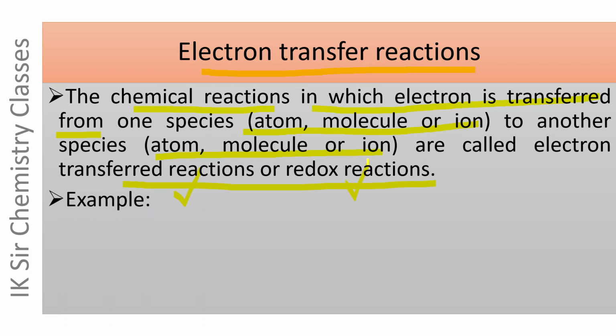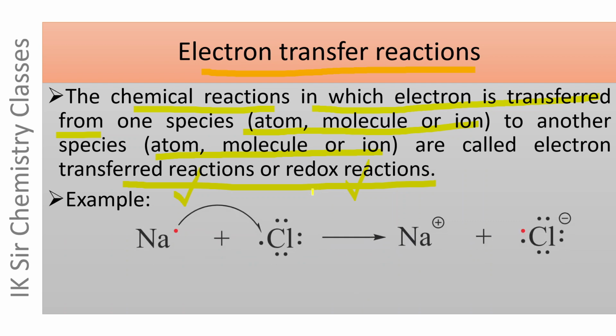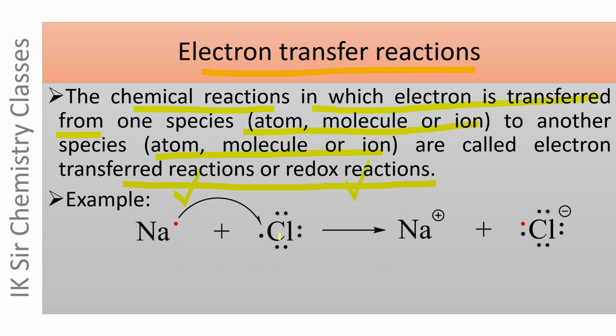Let us see an example of electron transfer reaction. When sodium and chlorine atoms are brought in contact with each other, an electron is transferred from sodium atom to chlorine atom. As a result, sodium is oxidized to Na+ ion and Cl is reduced to Cl- ion.